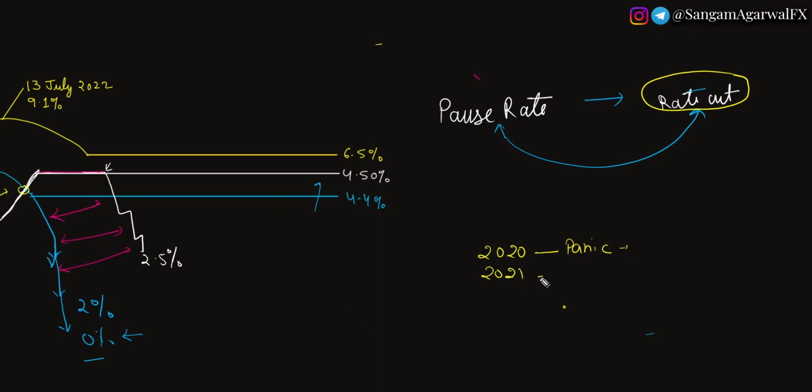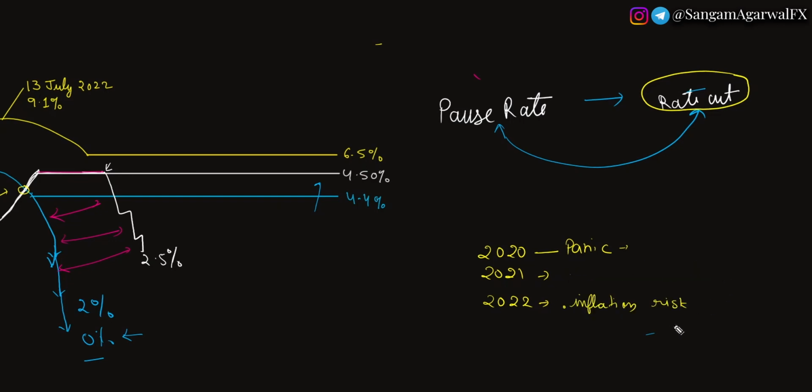Then in 2021 inflation came, they were ignoring it, and that was transitory inflation because they were enjoying growth. Then last year, 2022, they thought that inflation was going out of control, then they started seeing inflation as a risk, so they started hiking interest rates.